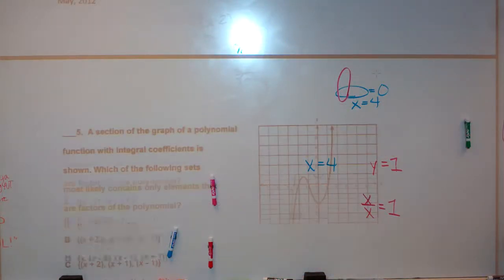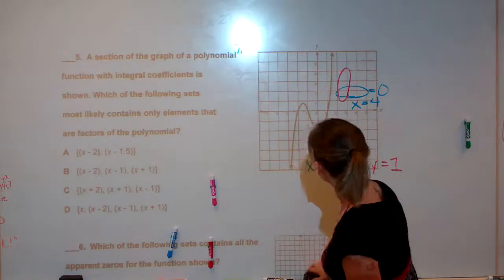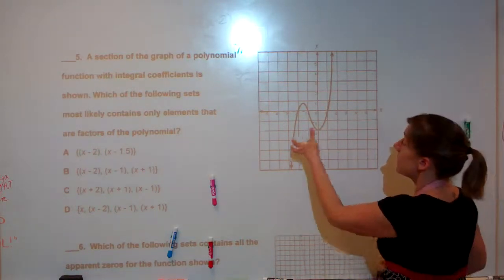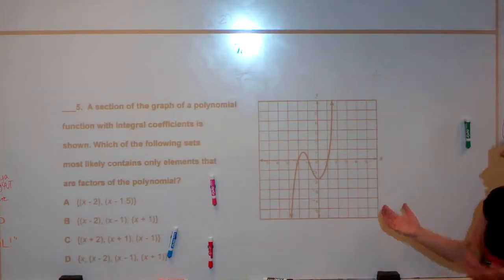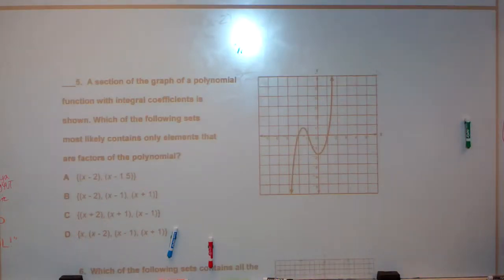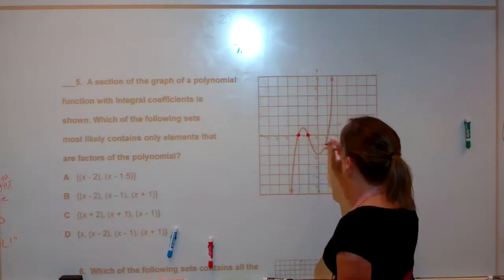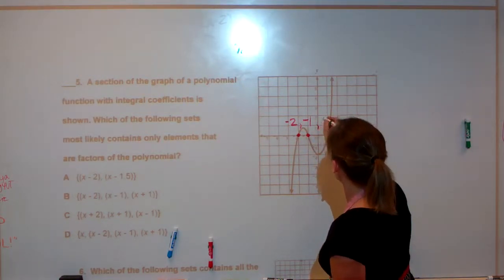All right, the rest of them are pretty easy. Again, if you know the zeros, these are one of my favorite ones, but if you know the zeros, don't forget to switch their signs when it comes to finding their factors. So if this one is, I would write them down. The zeros are -2, -1, and 1.